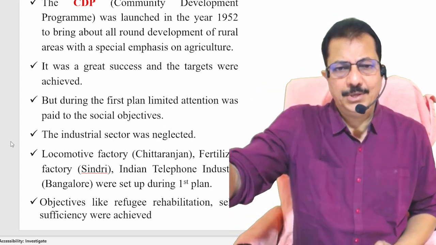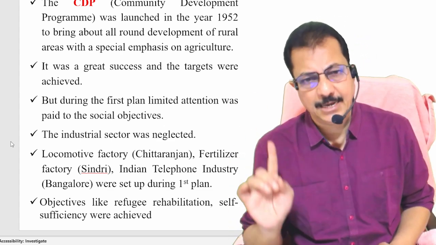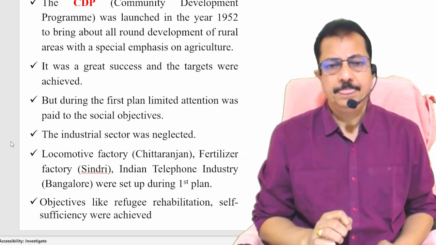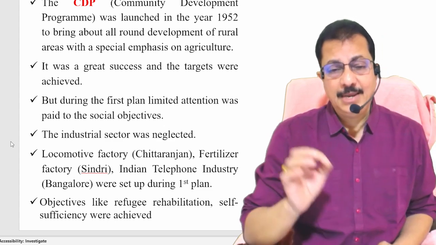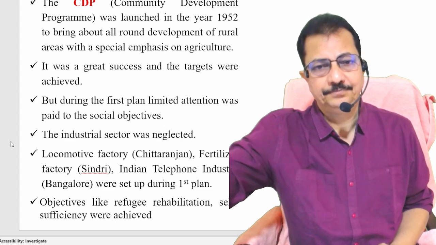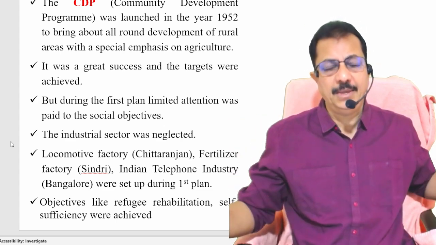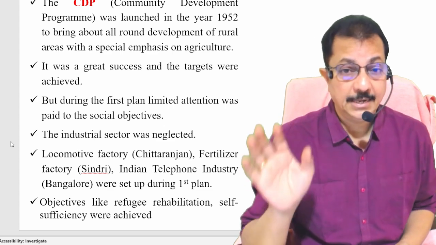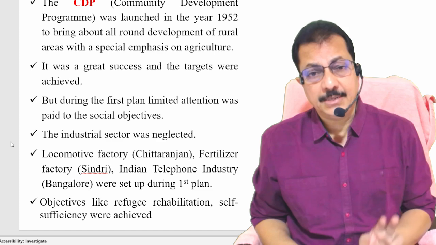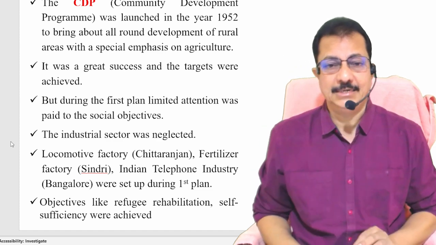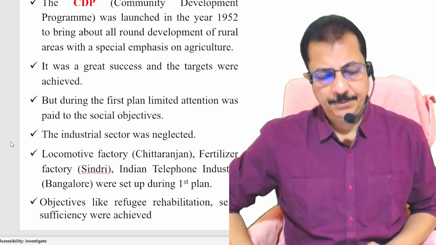And very next year it was extended under the name National Extension Service, exactly after 1 year, meaning October 2nd, 1953. National Extension Service is nothing but the expansion of the CDP that was launched on October 2nd, 1952. Years are important, dates are important, names of the programs are important. Am I clear?